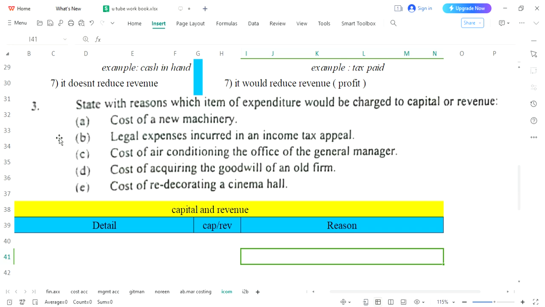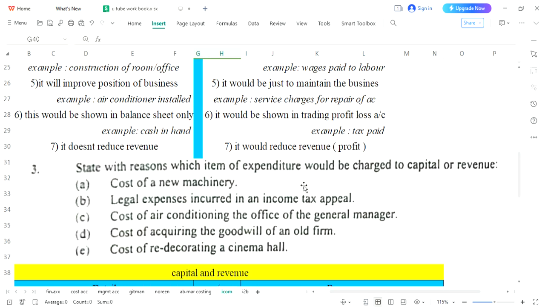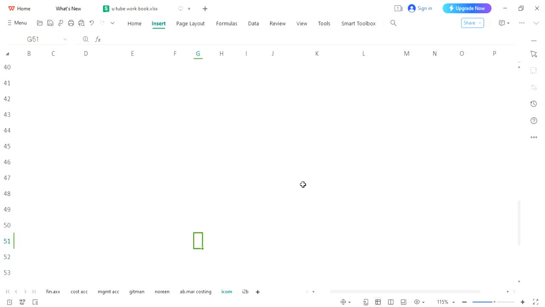Today's target is to solve question number 3. The chapter which we are related with is capital and revenue. Proforma has already been understood, and we have seen several reasons regarding capital and reasons regarding revenue. This is our format of question.